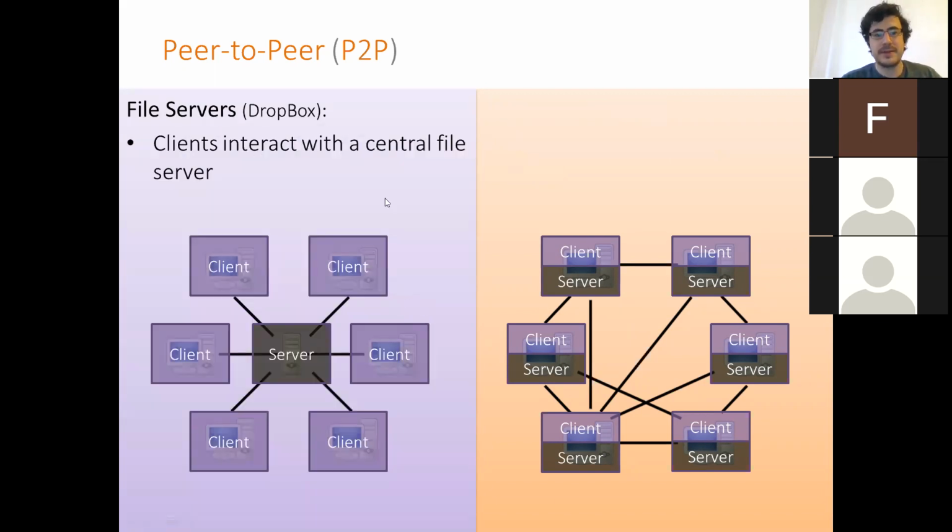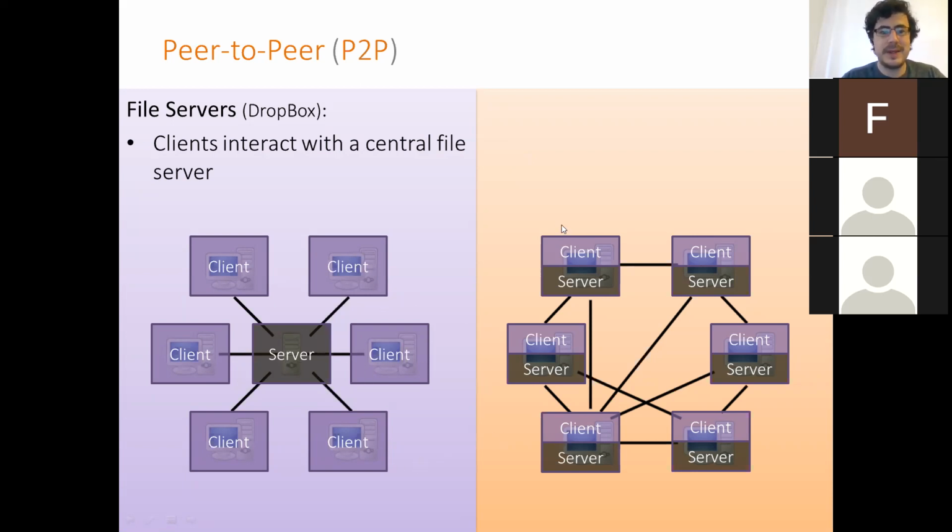So, okay, the first kind of application we'll think about is file sharing, file storage, right? So the typical client server application will be Dropbox. So we have Dropbox in the middle, and you have all these clients who are pushing data to it and downloading data from it, right?